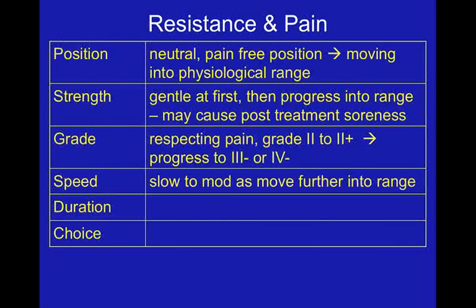The speed would start slow, but you may move into a more moderate speed as you are able to move further into the range. So now we can start at about a 1 minute treatment, progressing up to 2 minutes, and again repeat this 2 or 3 times, reassessing in between.